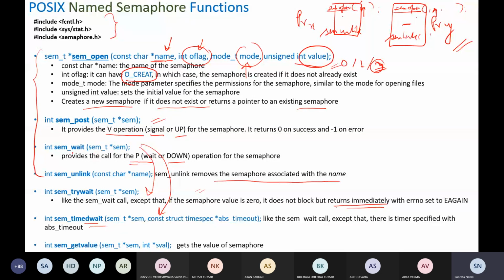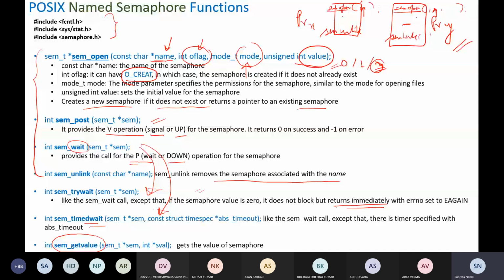So apart from the blocking wait, getting suspended in the buffer, you have got the other 2 options also in the POSIX implementation. And finally, if you are willing, you can get the value. Although this is not defined in the original semaphore definition, you can always get the value.